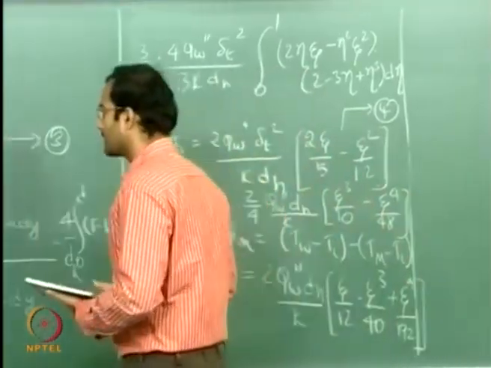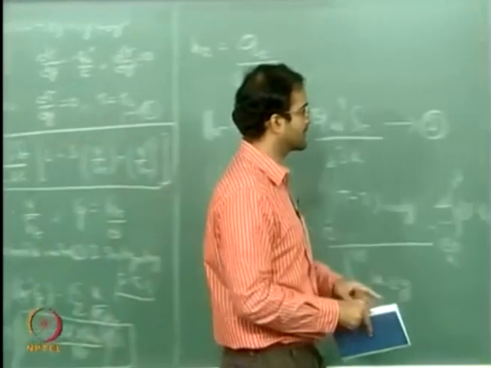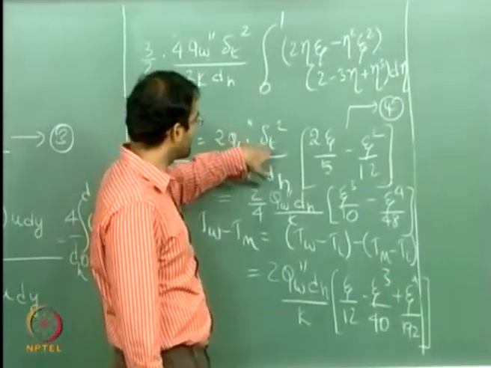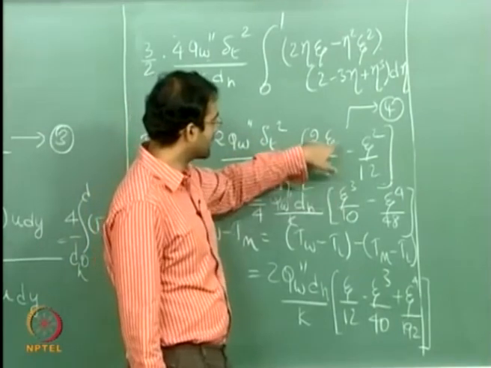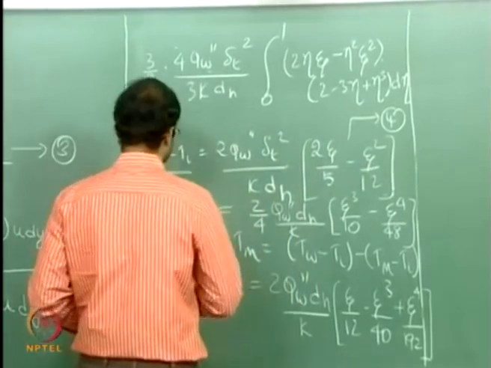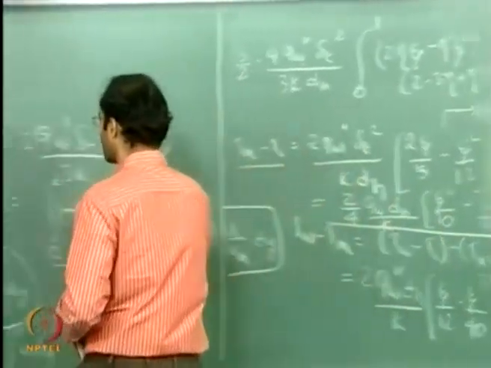Here I am using the relation that my delta t is nothing but zeta times d, so I am substituting for delta t in terms of zeta times d. So this becomes zeta square, this multiplies, this becomes zeta cube here, zeta power 4, and this is my d. So this is my expression for Tm minus Ti, and this is my expression for Twall minus Ti.